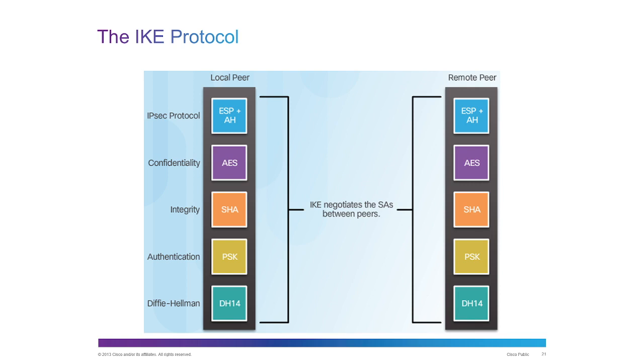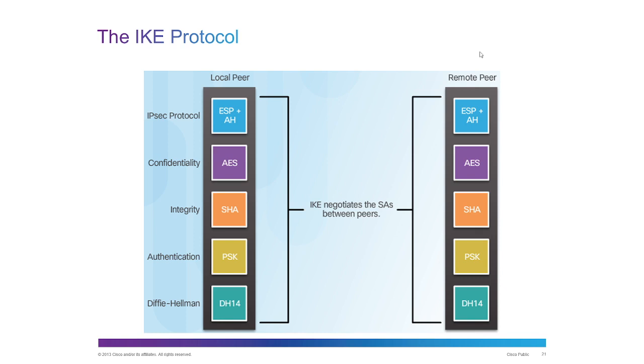Then one of the things that needs to happen when we are using an IPsec framework is that these two entities, the local peer and the remote peer, need to negotiate and identify what each of these things are that they are going to use.